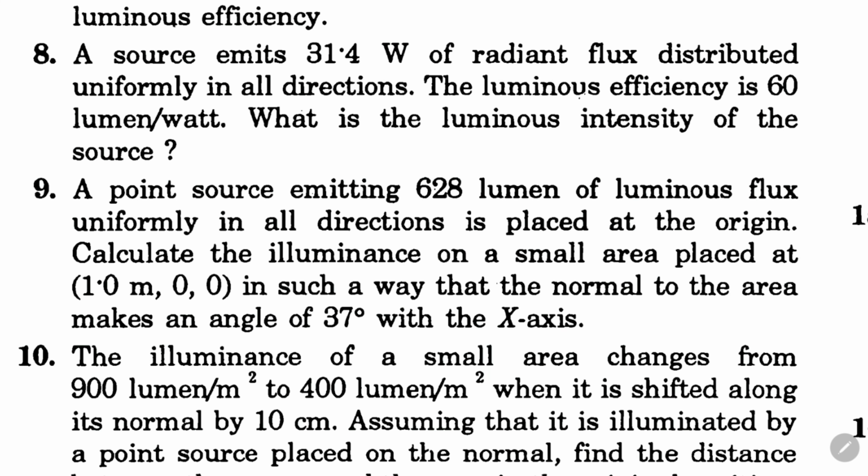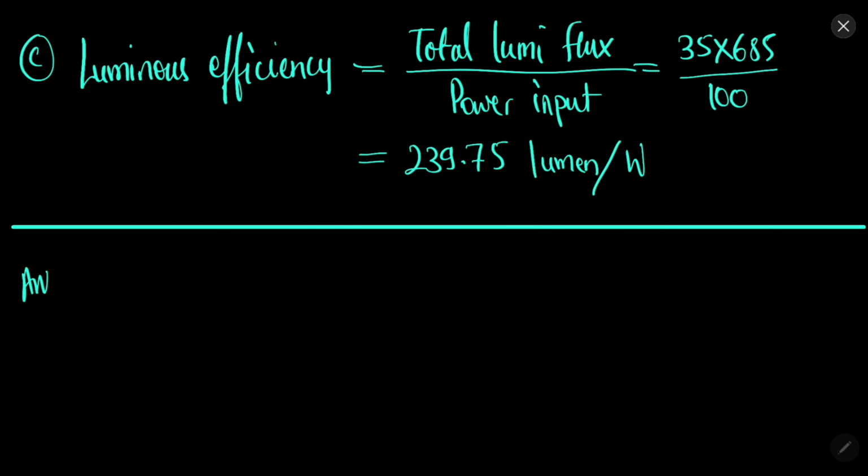In the eighth question, source emits 31.4 watt of radiant flux distributed uniformly in all directions. Now luminous efficiency is 60 lumen per watt. We need to find luminous intensity of source. Eighth one.